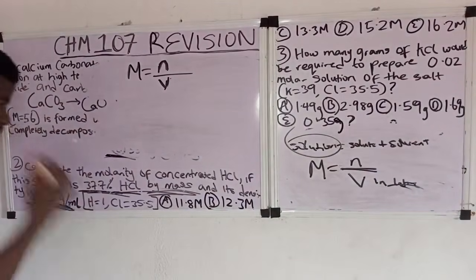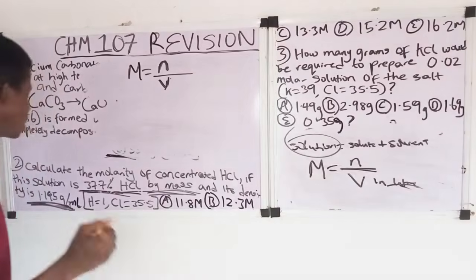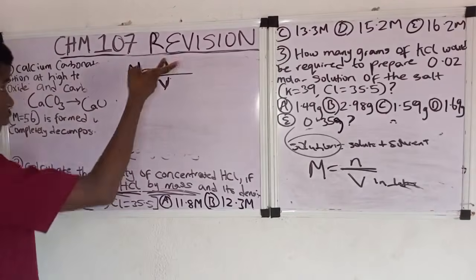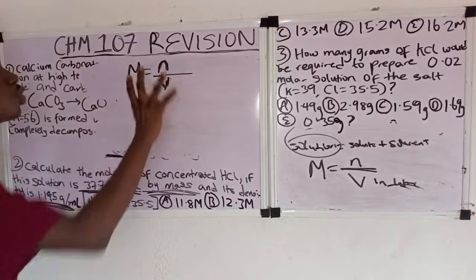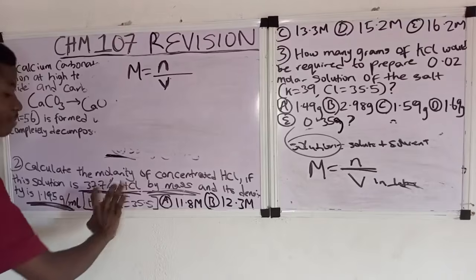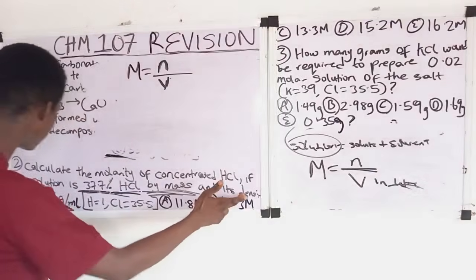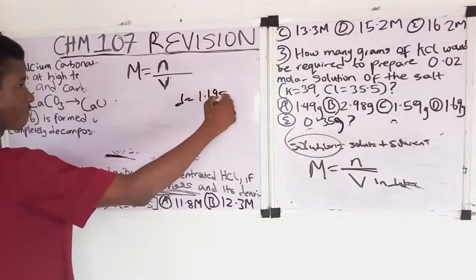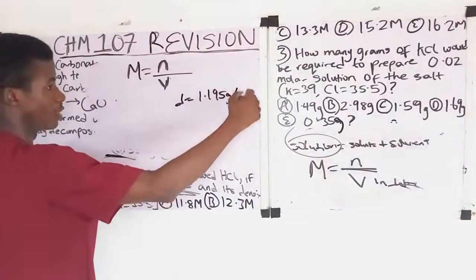If you look at this question, they didn't give us volume directly, and they didn't give us number of moles directly. So we have to look for them using the parameters they gave us. They gave us density to be 1.195 gram per mil.